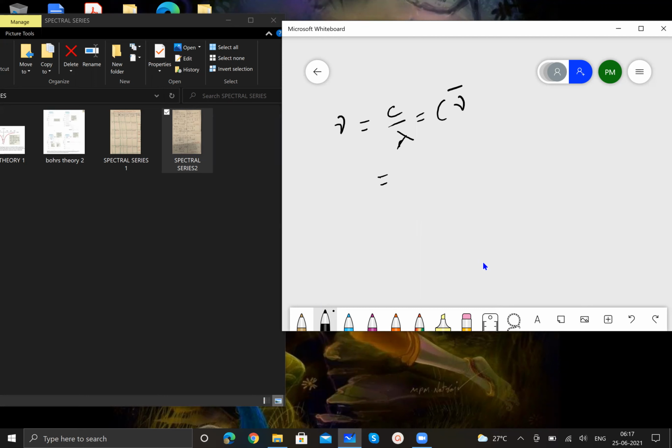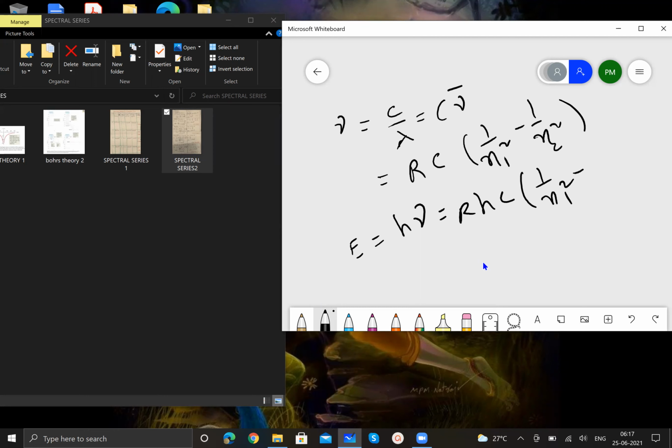So I get R C into 1 by n1 square minus 1 by n2 square. And if you want energy, h nu, this is R h c into 1 by n1 square minus 1 by n2 square. These relations are very, very important. So I will discuss.